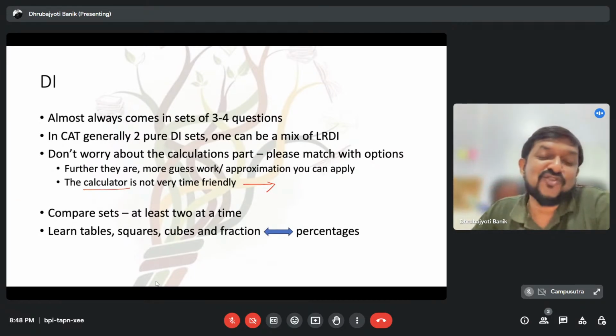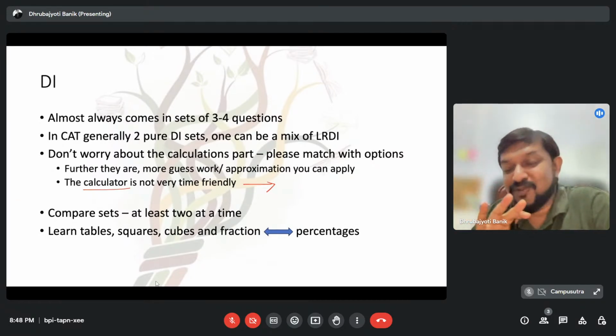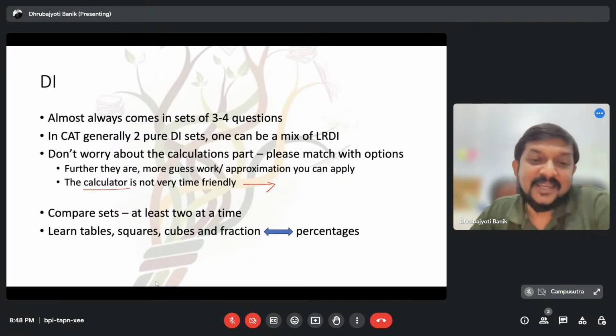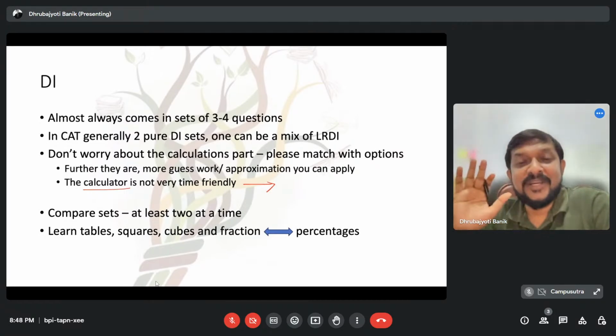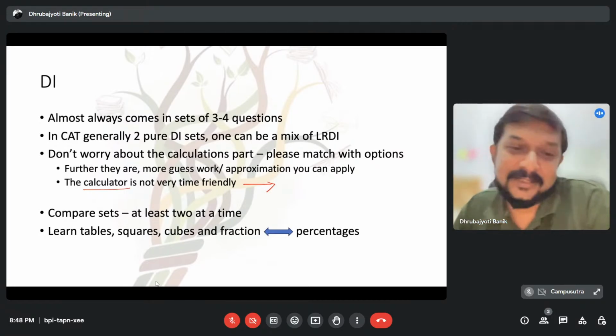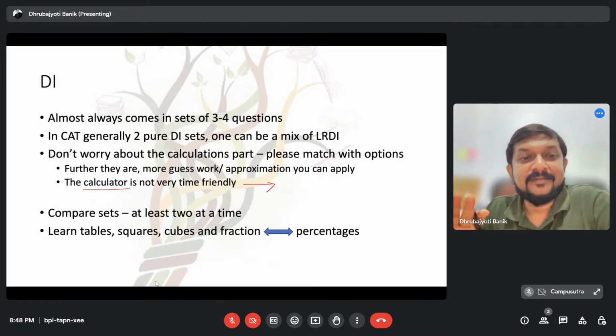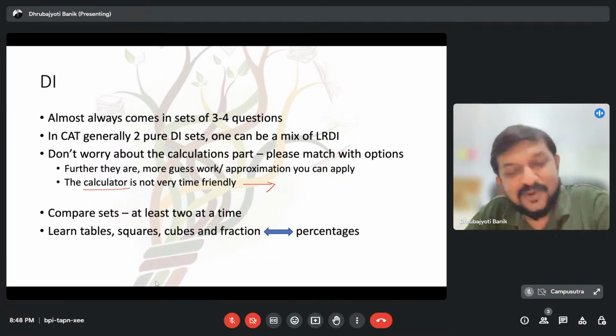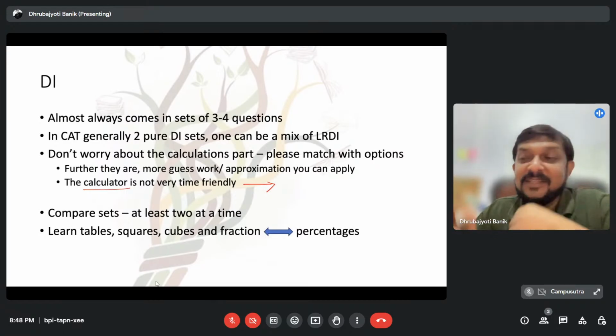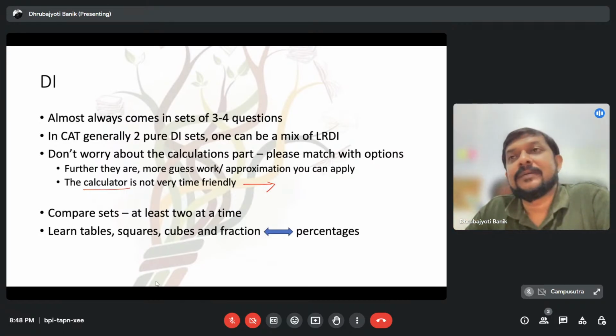In such situations only you should use the calculator. Otherwise don't go depending on the calculator, please. Okay, the calculator is not time friendly. I don't know whether they will put in some new or better calculator this time, but otherwise yes, the calculator is not very user friendly.